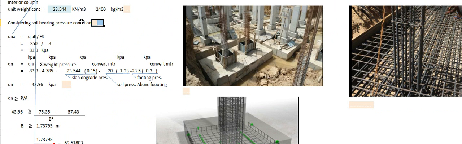Considering soil bearing pressure, the qna is equal to q ultimate divided by factor of safety, so 250 divided by 3 equals 83.34 kilopascal.